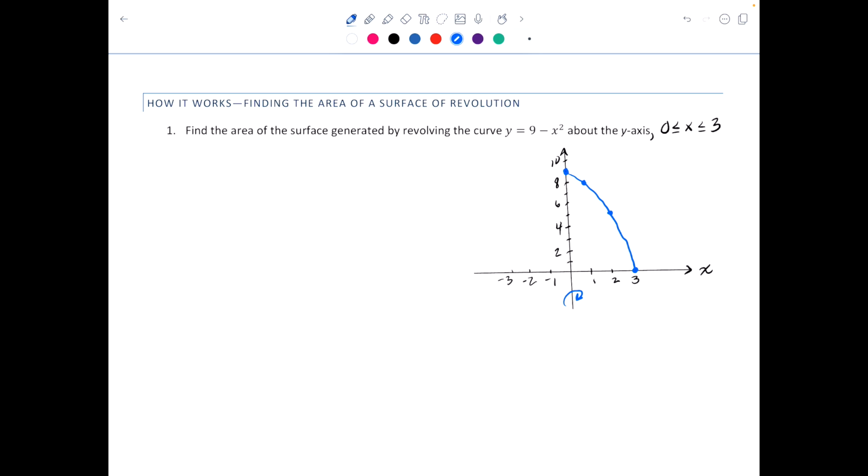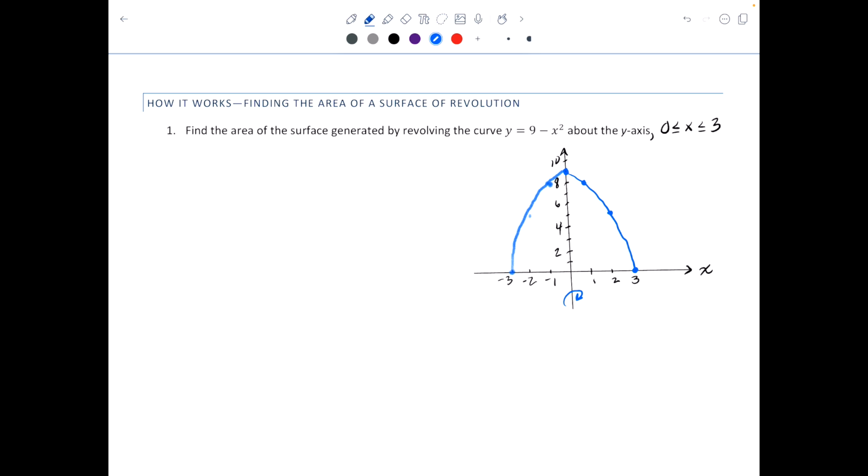Now that arc is going to be rotated about the y-axis. So if you watched our other video on volume, the disc and washer method, you saw that you end up making kind of this, to see what the shape looks like, sort of this ghost graph over here.